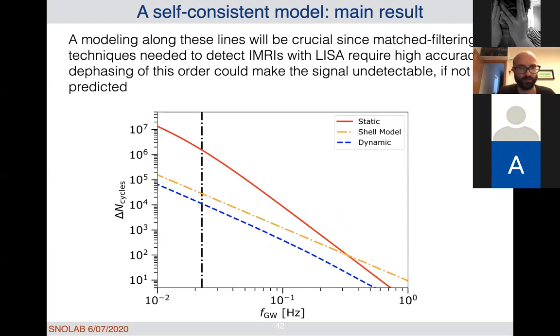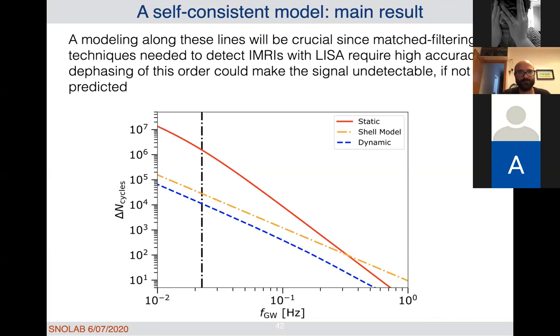This is another way to visualize the same result. You expect to have a different number of cycles over a given time, starting from some frequency to the final frequency, if you have this effect or not.